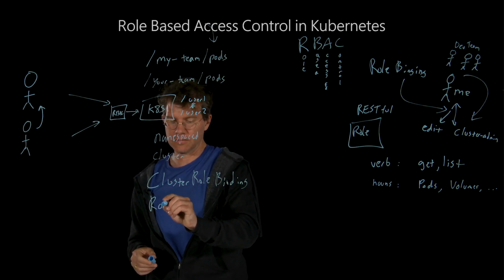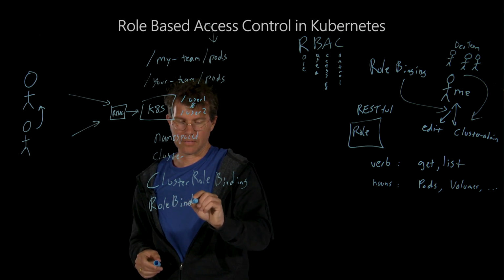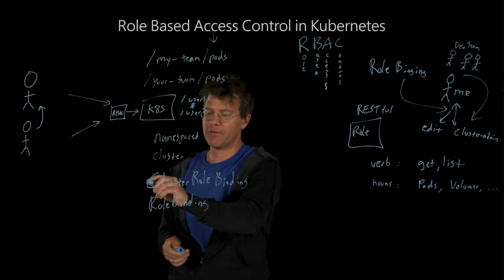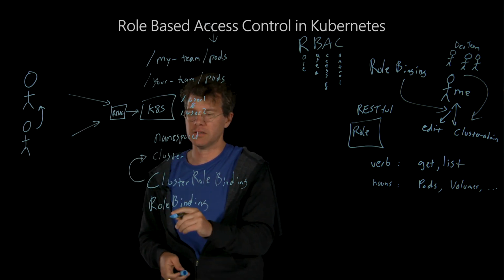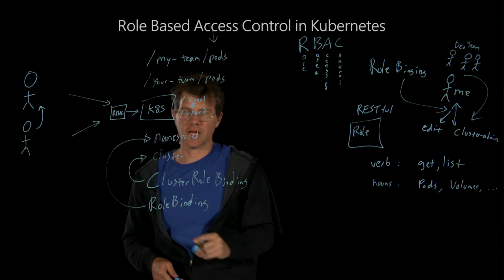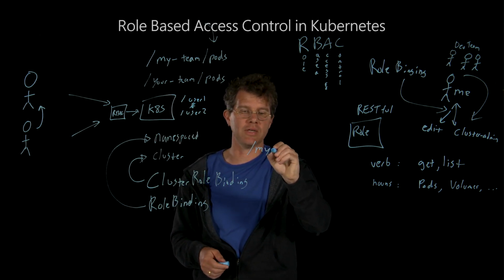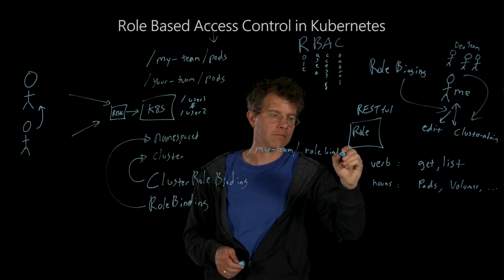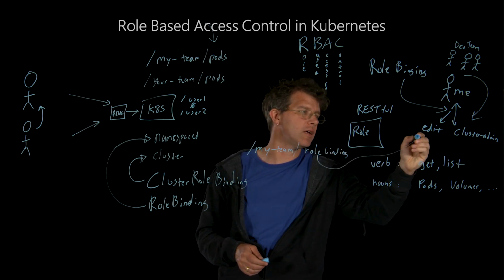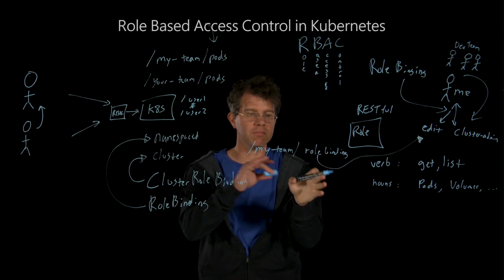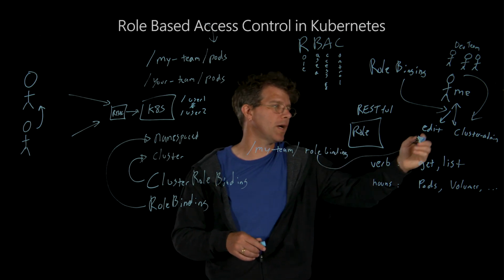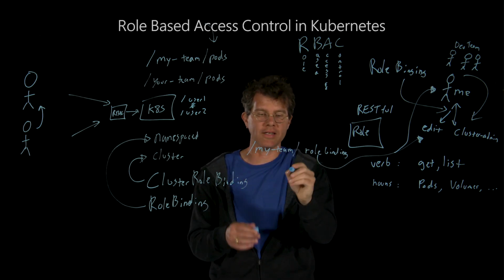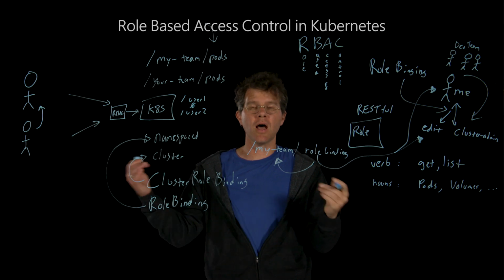There are also role bindings, and they provide privileges within the context of a particular namespace. So obviously, a cluster role binding is a cluster level object. A role binding is a namespaced object. And so if, for example, I have my team namespace, and I create a role binding here that is a binding to the edit role, this provides me with access to editing within the context of this namespace, but not any other namespace.